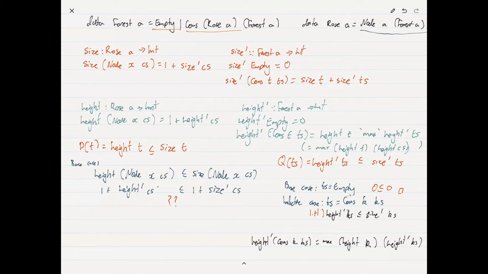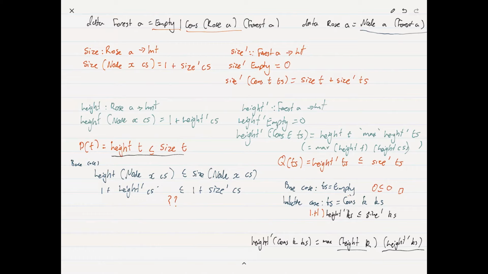And we have our inductive hypothesis that says that that's less than or equal to R. We only have an inductive hypothesis that says that height prime here is less than or equal to size prime. But we don't have an inductive hypothesis about height, right? What we want to know is this property P.